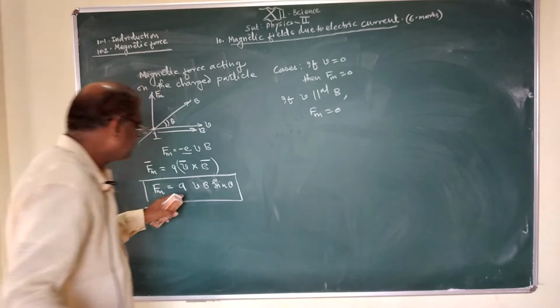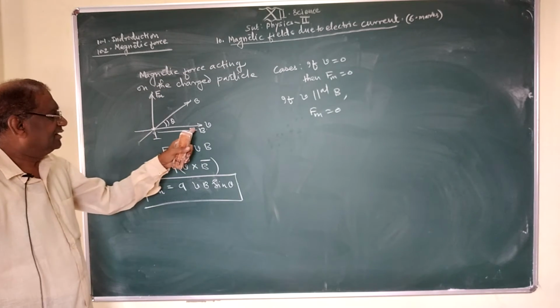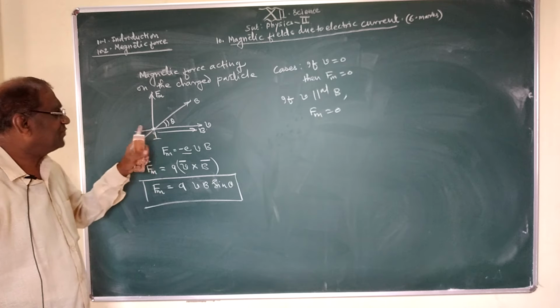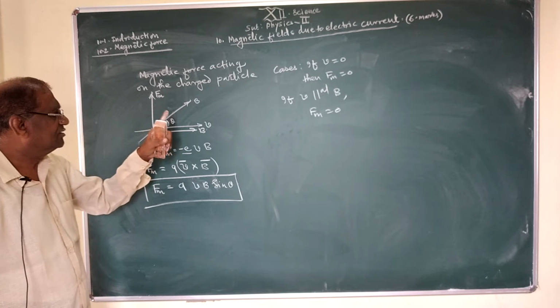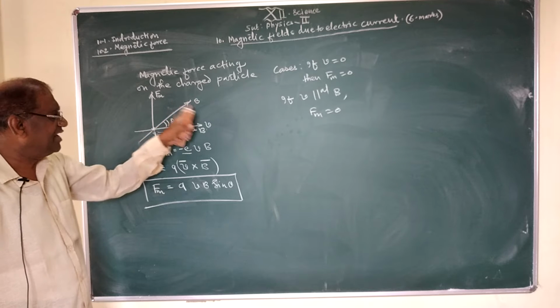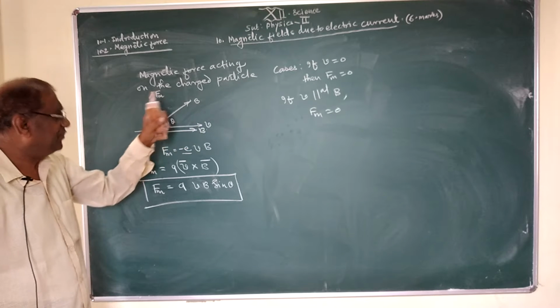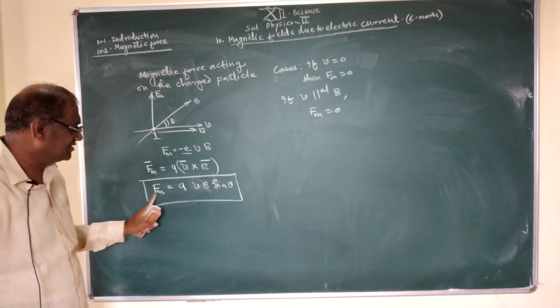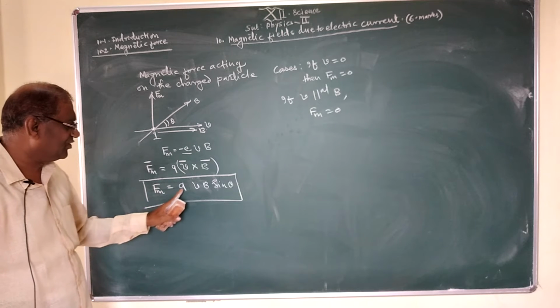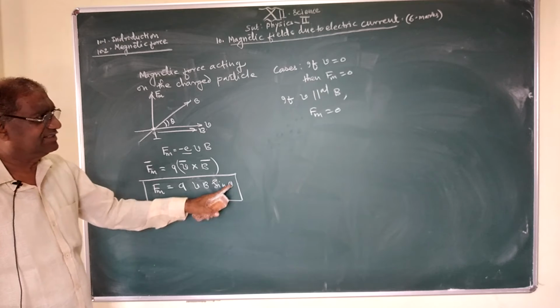And if the charged particle moves through a magnetic induction B, making an angle theta with the direction of B, then the force acting on the charged particle is Fm is equal to qVB sin theta.